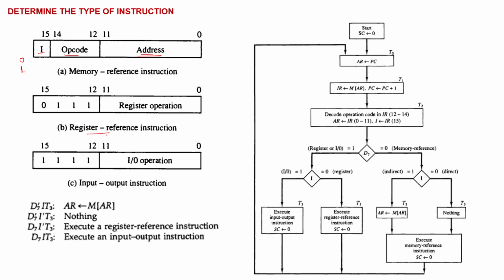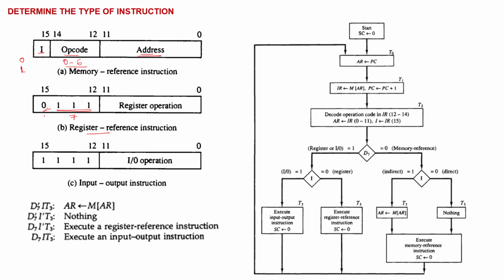Whereas in a register reference instruction, the address is not required. So these bits 0 to 11 can be used for testing or for other operations like clear, which we are going to see. In memory reference, the opcode combination will be 0 to 6, so a total of 7 combinations. In register reference, the opcode bits 12, 13, and 14 must be 111, equivalent to 7, and bit 15 is 0.